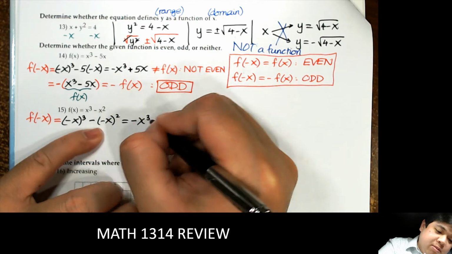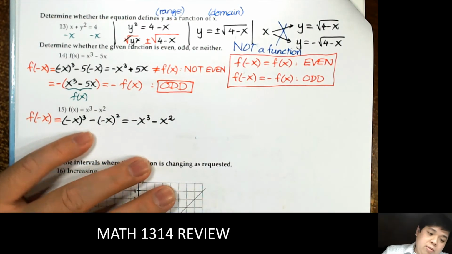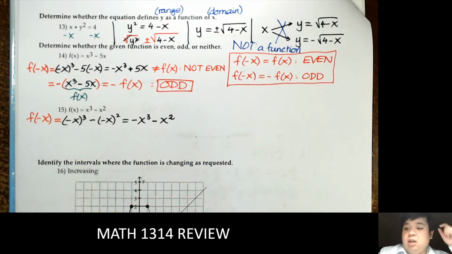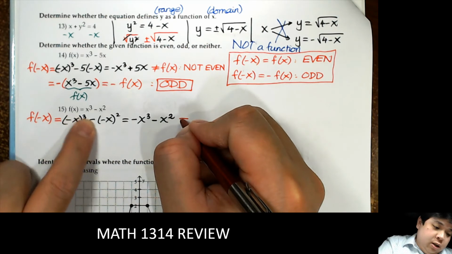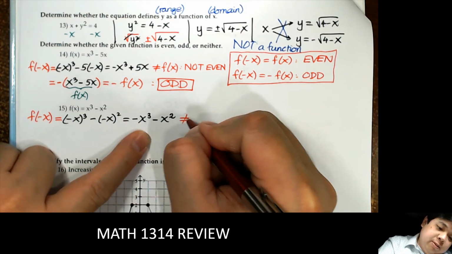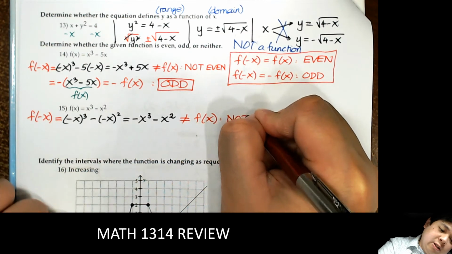And then that's still negative, because there are 3 negative signs here. Right. So compared to the original function, they're not the same. So it's not even.